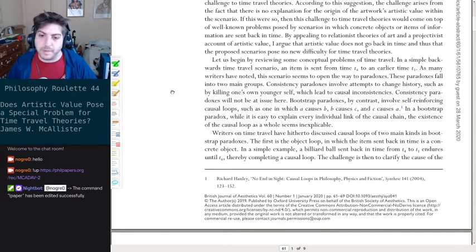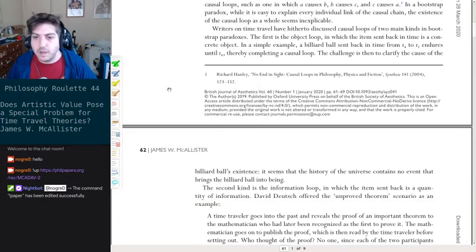In a bootstrap paradox, while it is easy to explain every individual link of the causal chain, the existence of the causal loop as a whole seems inexplicable. Writers on time travel have hitherto discussed causal loops of two main kinds of bootstrap paradoxes. The first is the object loop, in which the item sent back in time is a concrete object.